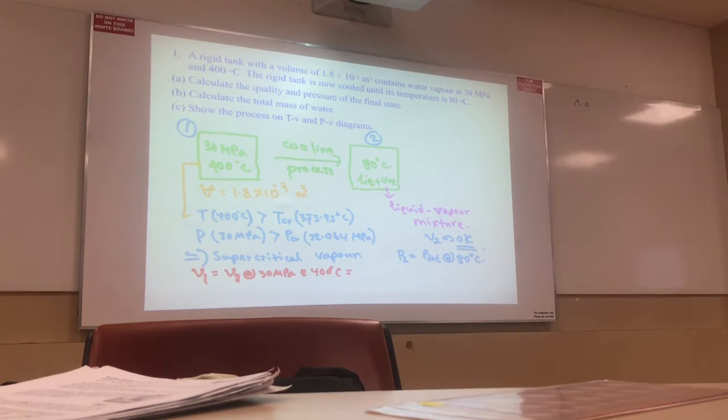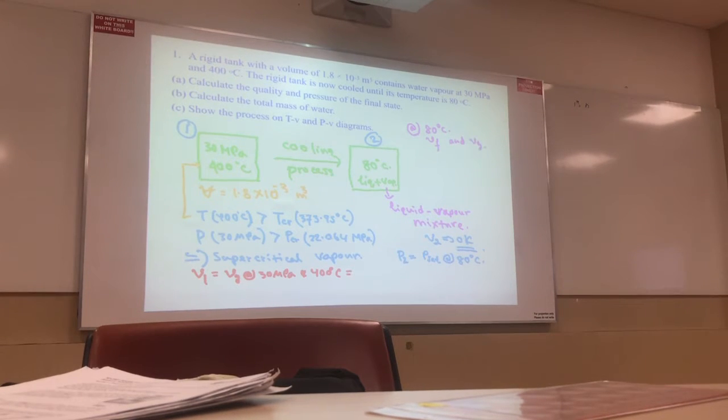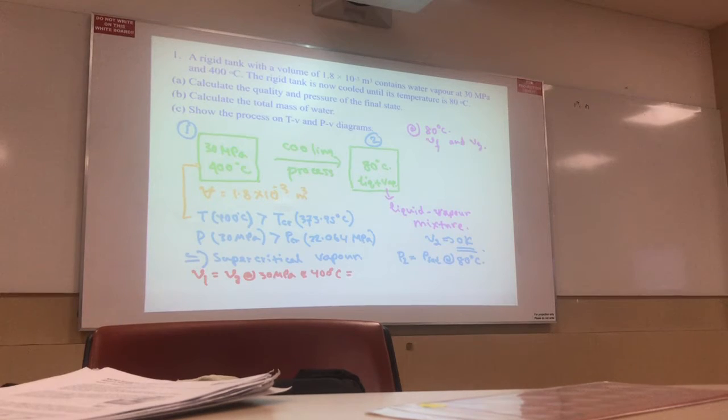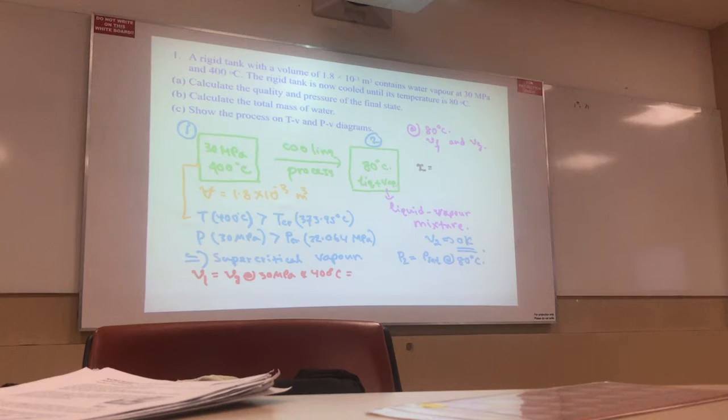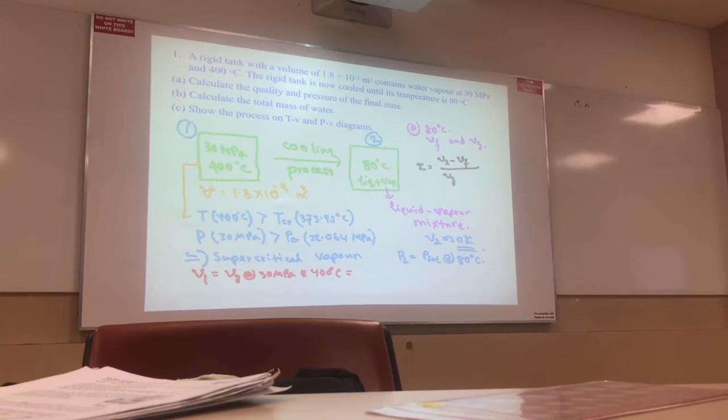Agree? Then you can calculate the quality, right? What should be the quality? Quality x becomes V2 minus Vf over Vg minus Vf. Then I know the quality.